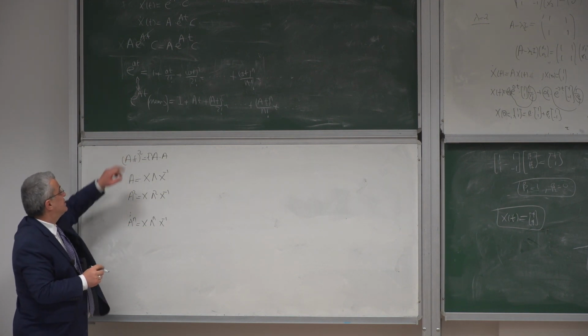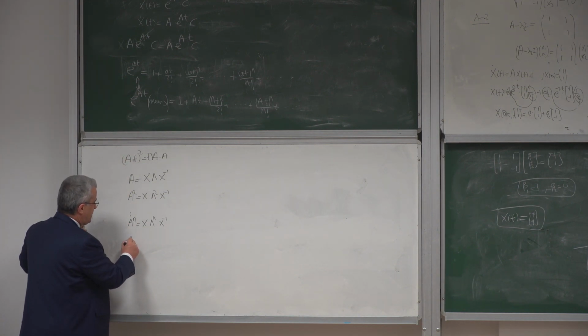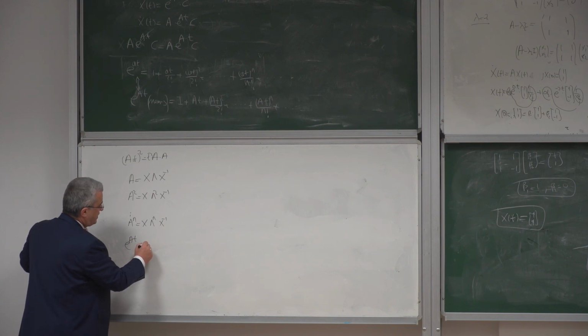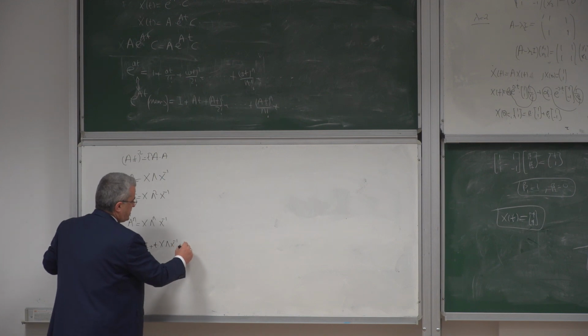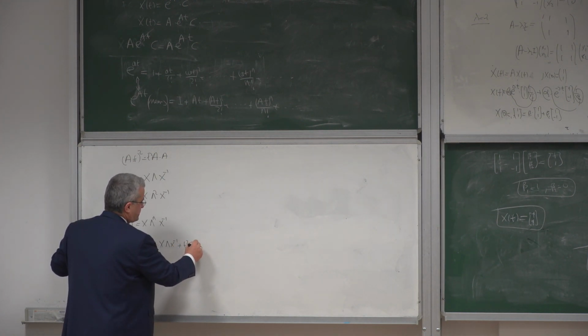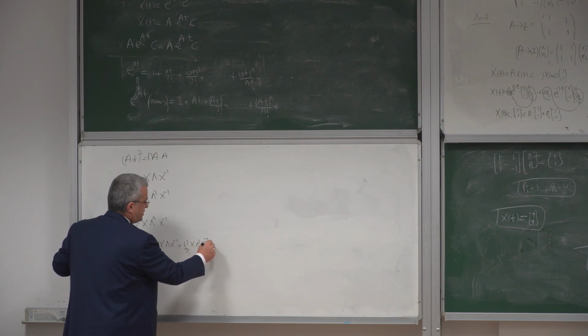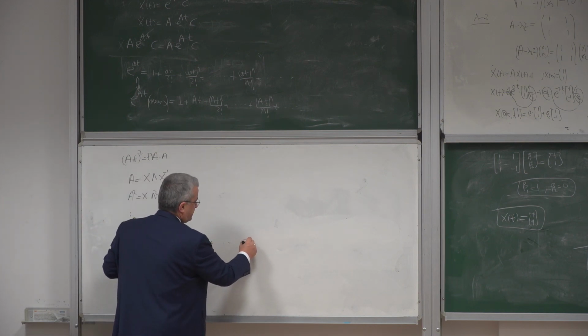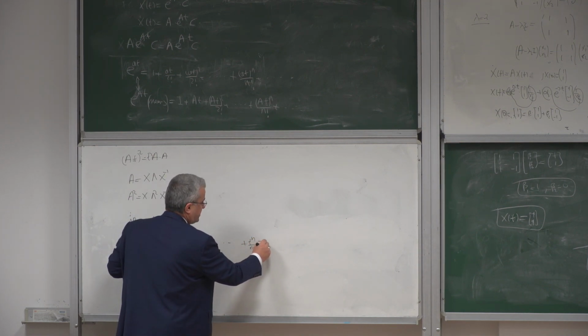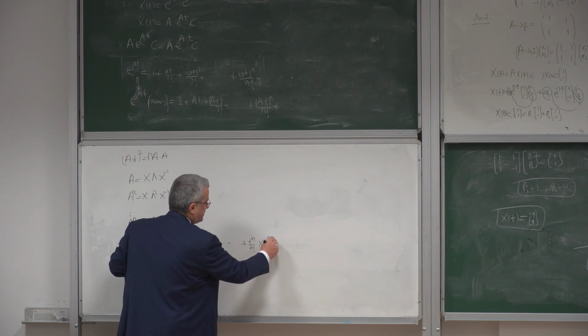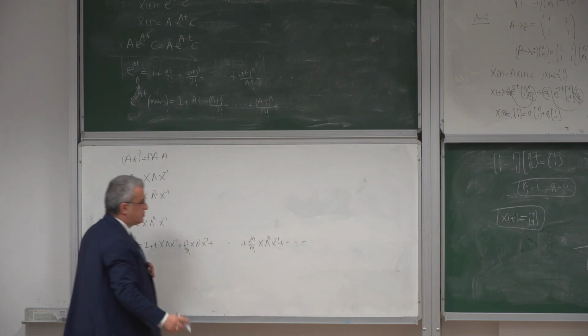So you substitute this in here, you have e to the AT is equal to I plus T X lambda X inverse plus T squared X lambda squared X inverse over 2 factorial plus etc. T to the power n over n factorial X lambda to the n X inverse, and continues like that.